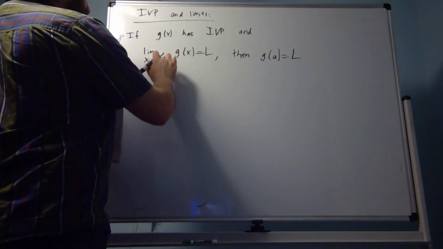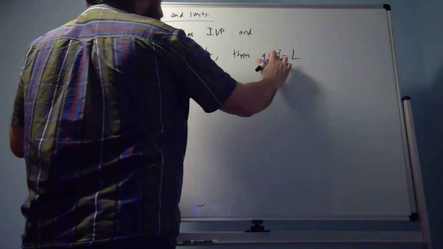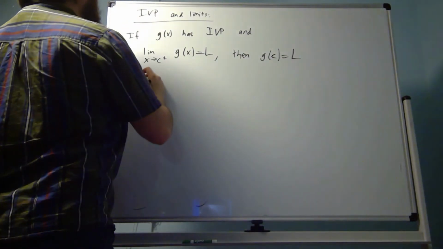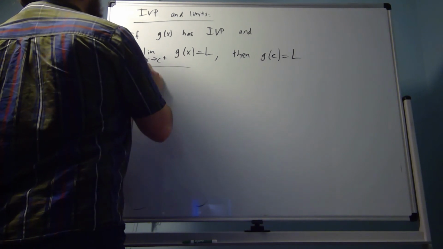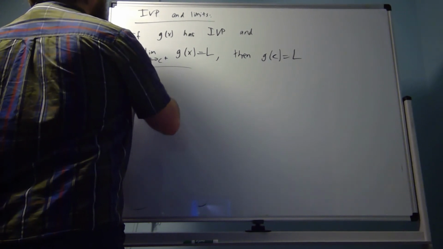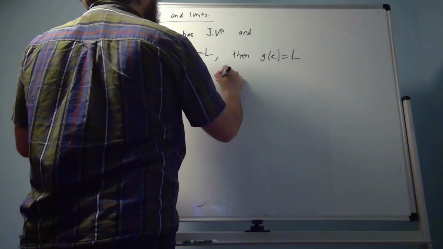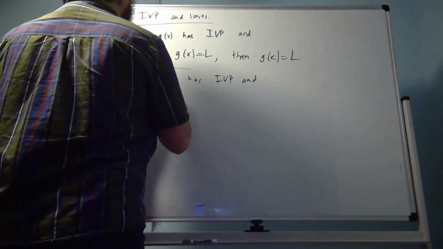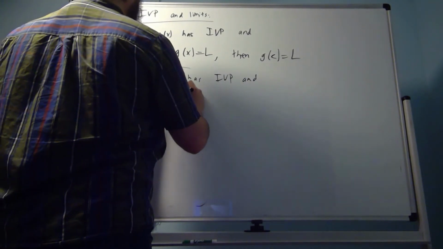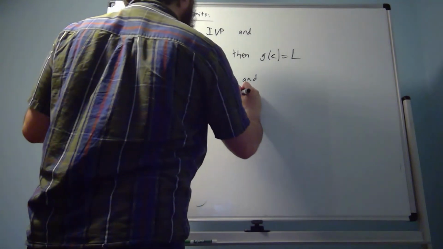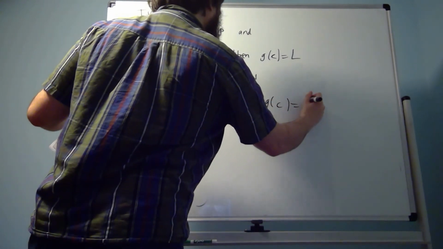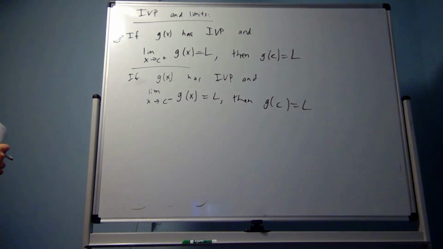I think I'm going to use C because I want to consider left and right. If there's a limit as you go from the left, and if that limit exists, and your function has the intermediate value property, then g of c is also equal to L.